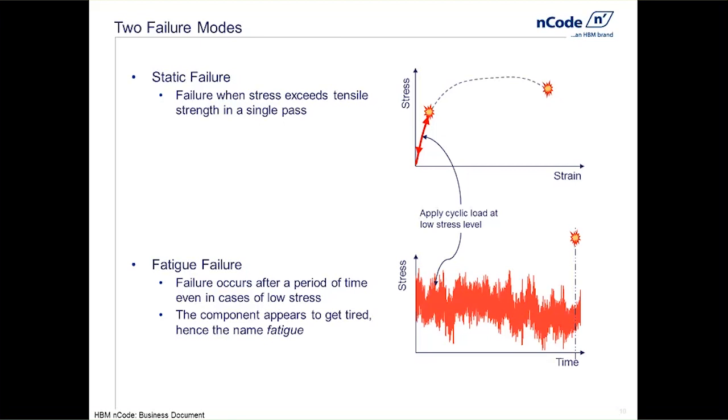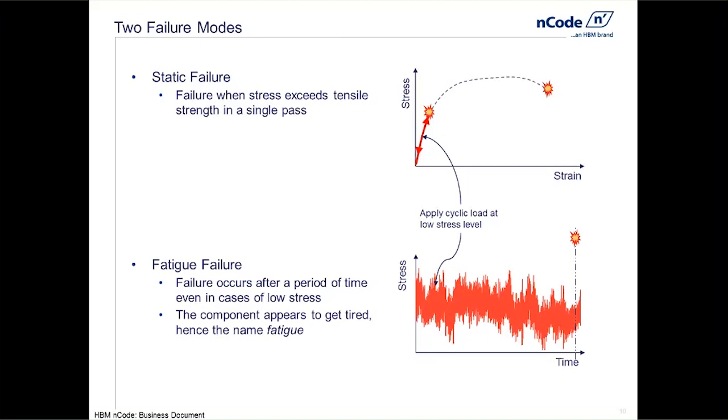And if we continue doing that, the part will ultimately fail when we reach our UTS, or our ultimate tensile strength. So that's static failure. Most people are familiar with that. Static failure is easy to design against for the most part.